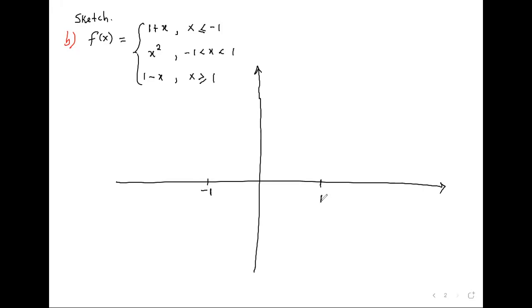Well, if we want, we can start from the middle one. f of x is equal to x squared for x, negative 1 less than x less than 1. So you pick negative 1, substitute it in the function. You get negative 1 squared, which is equal to 1. So we have negative 1, 1. Remember, it's not included, so we'll open there.